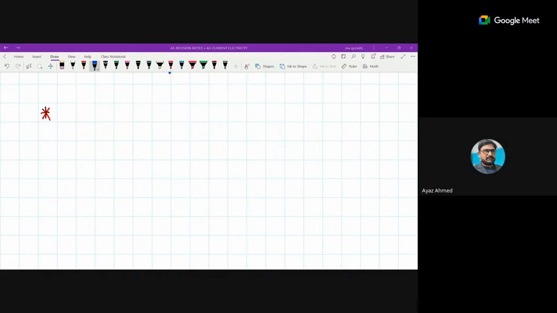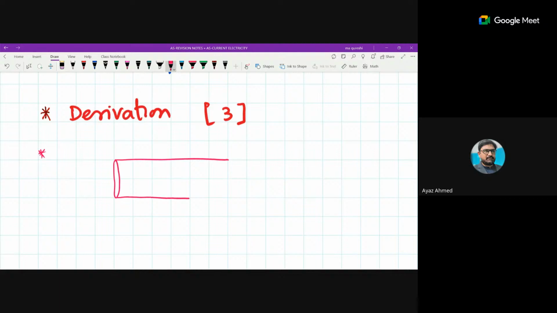Okay. Thank you. So here is the most important part of drift velocity, that is the derivation. Derivation is asked to you for almost 3 marks. For the derivation, we have to assume some dimensions. Let's say I have a wire, and in that wire there is a charge.